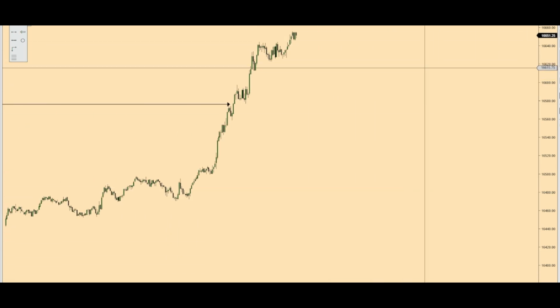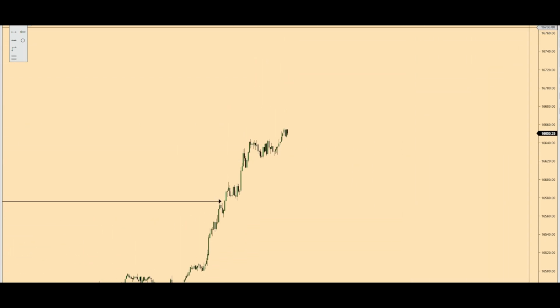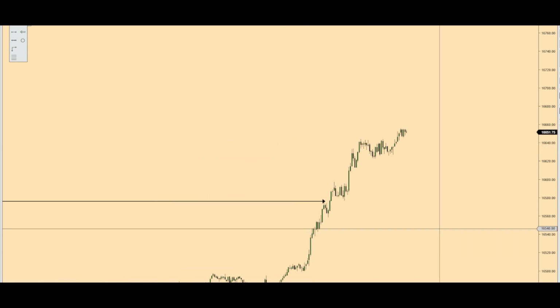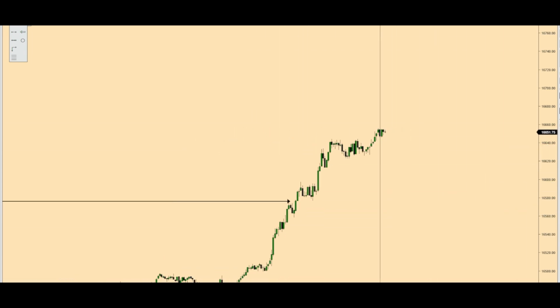I keep getting in trouble trying to counter trend trade, capture the exact reversal point when it's not in a zone. So a lot of silly mistakes that can be avoided.